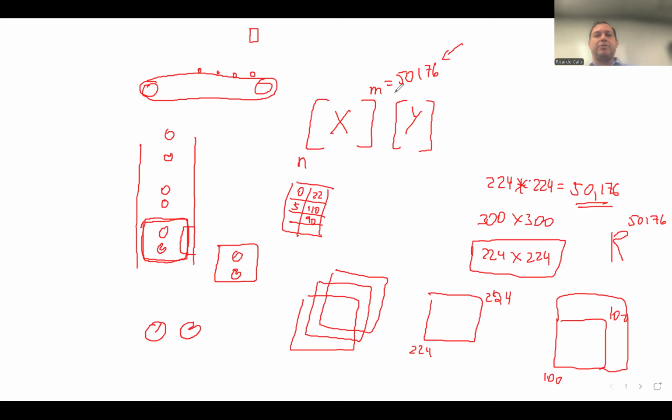Therefore, I'm going to have a vector that has 50,176 features. So that's really F2 all the way to that number. We say that is R^50176. That's the dimensionality of it. Okay? It's big, but a GPU can handle this, probably. It's big, yeah.